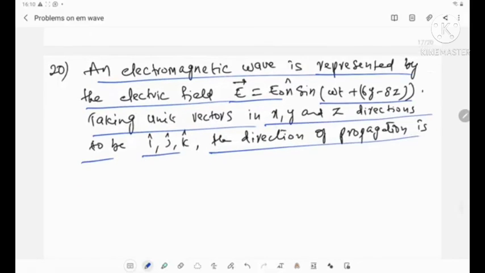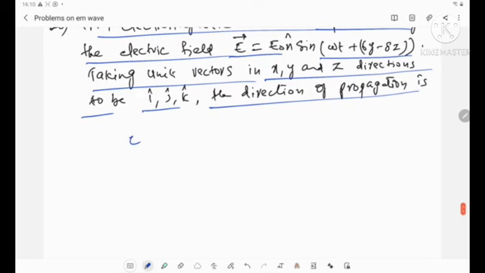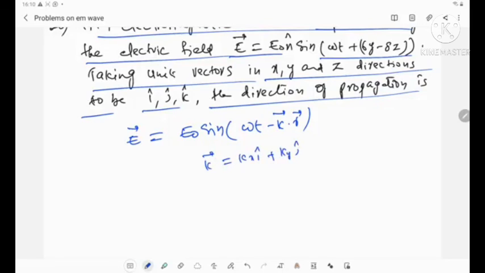The direction of propagation is, see, the general electromagnetic wave equation, E bar is equal to E naught sin omega t minus k bar dot r bar. Here r bar is position vector, k bar is wave propagation direction. This becomes k bar is equal to kx i cap, ky j cap, kz k cap.